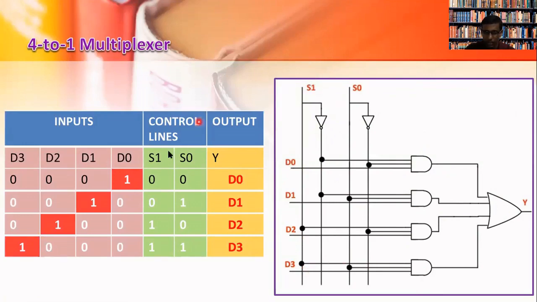And we have 2 control lines and we have 4 combinations: 0 0, 1 0, 0 1, 1 1. In order to make the connection easy, we consider 4 lines in which one direct line from S1 and a connection through NOT gate. Same way, direct line from S0 and a connection through NOT gate.